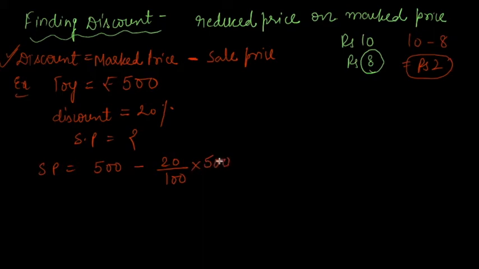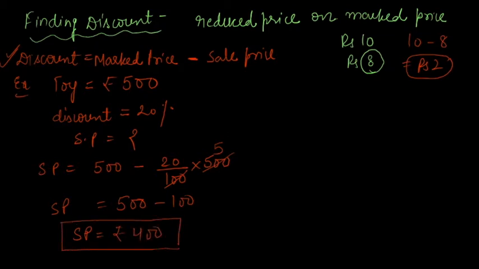Whenever there is a discount, we always subtract it, right? Because this is a benefit, a sale going on. Now 20% of 500: 5 times 20 is 100, so 500 minus 100. The selling price is coming to rupees 400. This will be the selling price because the marked price was 500 rupees, but there was a discount of 20%. That is why the customer has to pay rupees 400.